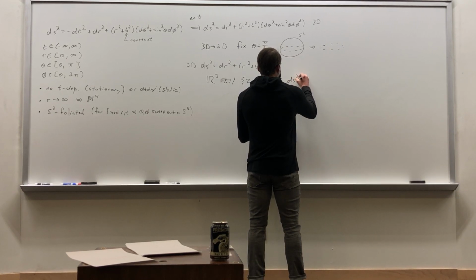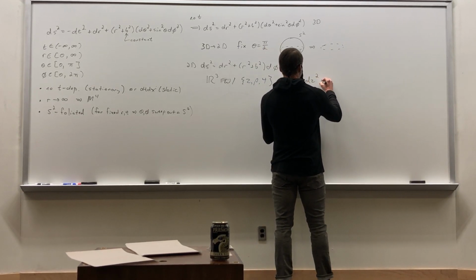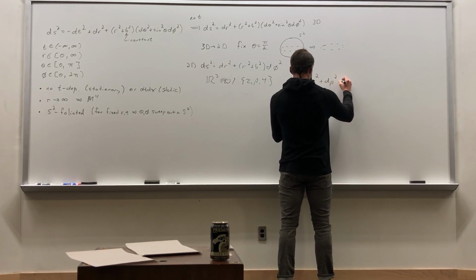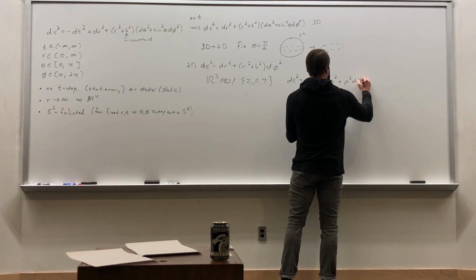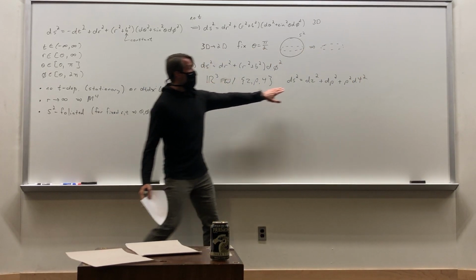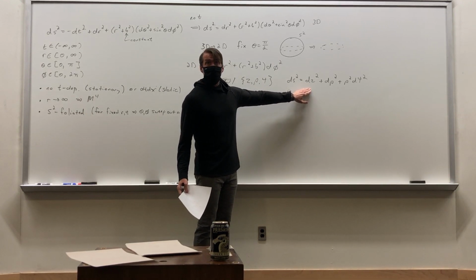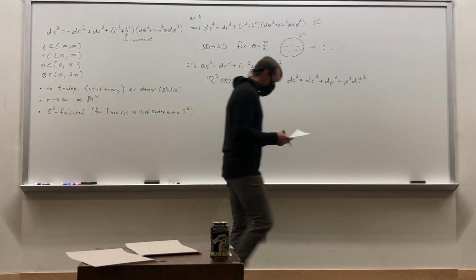And our ds squared in that coordinate system for the 3 dimensions is dz squared plus d rho squared plus rho squared d psi squared. Okay? This is just the metric of R3 using the cylindrical coordinates. Hopefully most of you should be somewhat familiar with this.